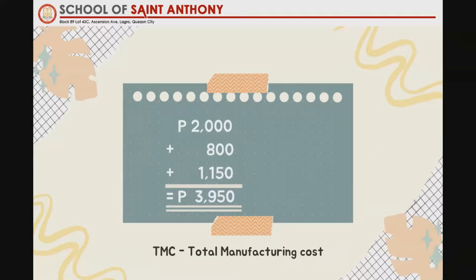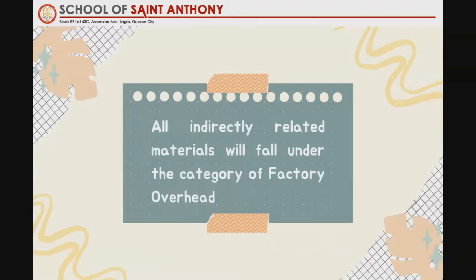Again, it includes all the direct materials, payment for the employees who are directly involved in producing your product, as well as the indirectly related expenses. An example is utilities. Of course, while producing the product, you will need light and ventilation, so it falls under factory overhead.